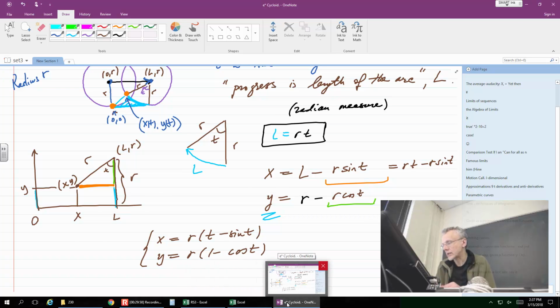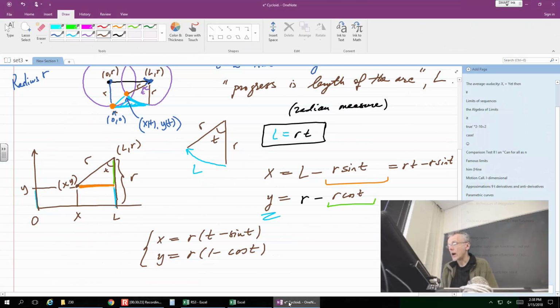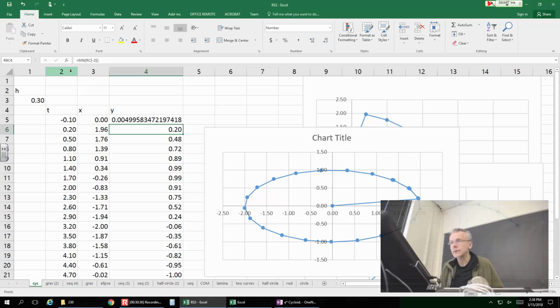So it will be simply t minus sine t over here. Not cosine, sine t. I think this is right. And for y, it is 1 minus cosine t.